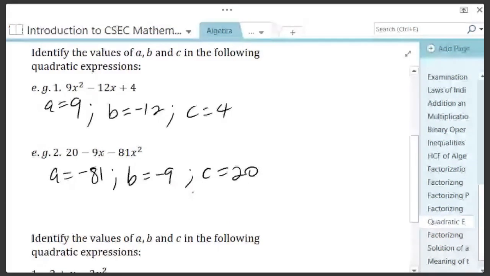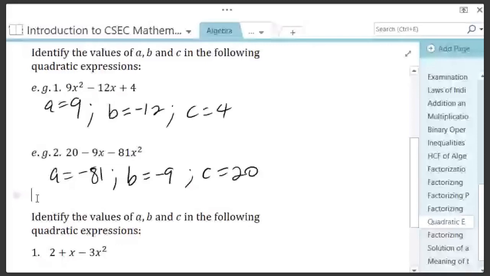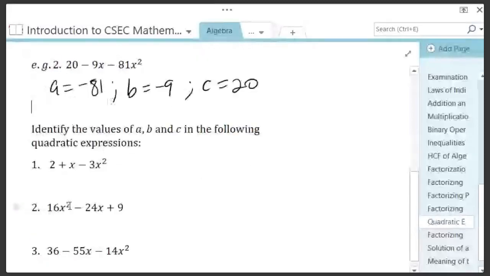Okay, so I have an exercise here of identifying the values of a, b, and c in the following quadratic expressions. So I want you all to work these out, please.